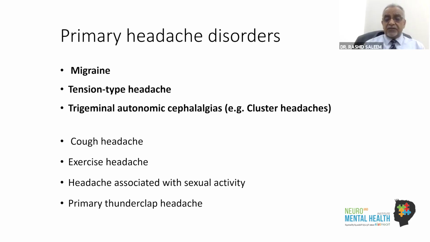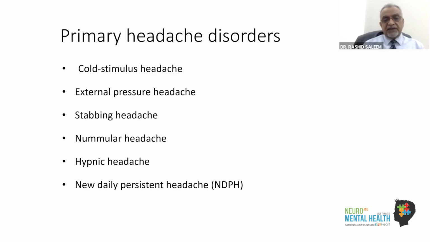I can quickly go through that list: migraine headaches, tension type headaches, trigeminal autonomic cephalalgias, one of which we'll discuss today is cluster headaches, cough headache, exercise headache, headache associated with sexual activity, primary thunderclap headache, cold stimulus headache, external pressure headache, stabbing headache, nummular headache, hypnic headache, and new daily persistent headache.